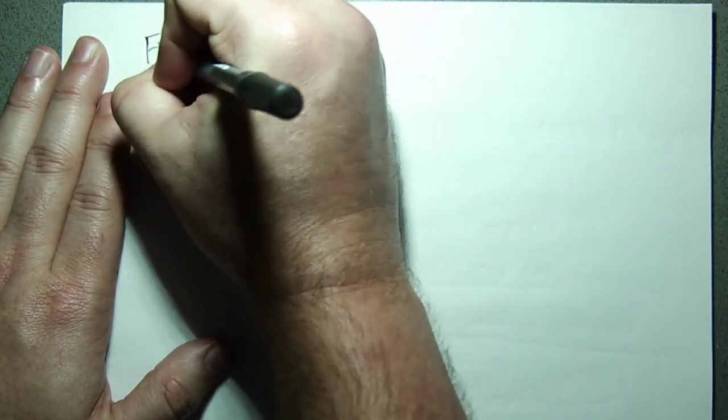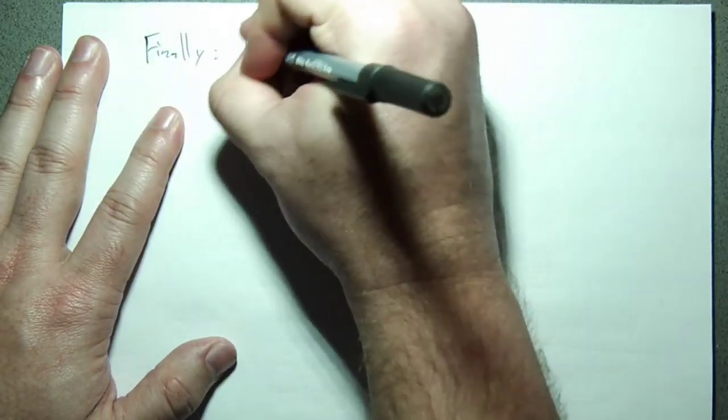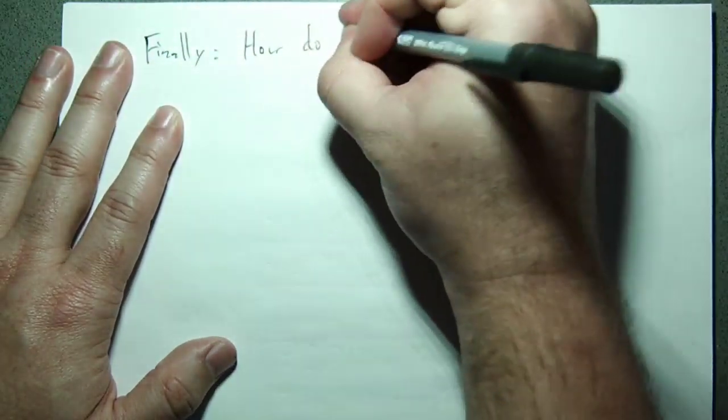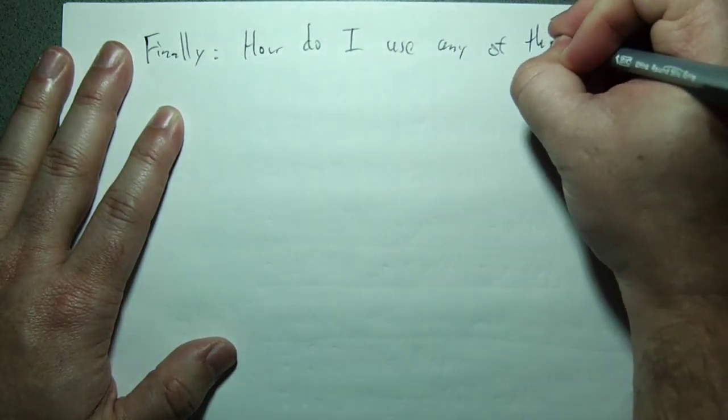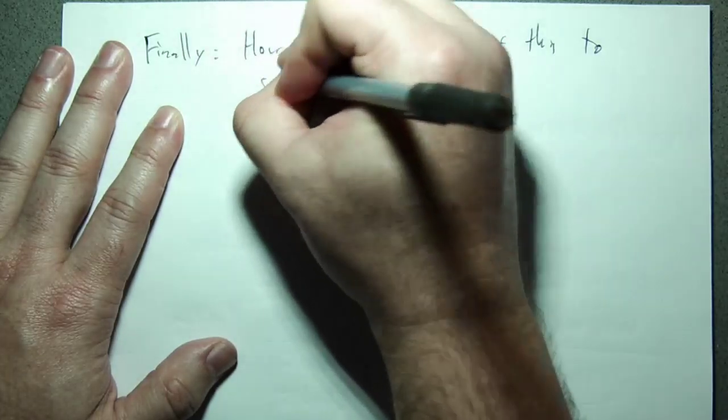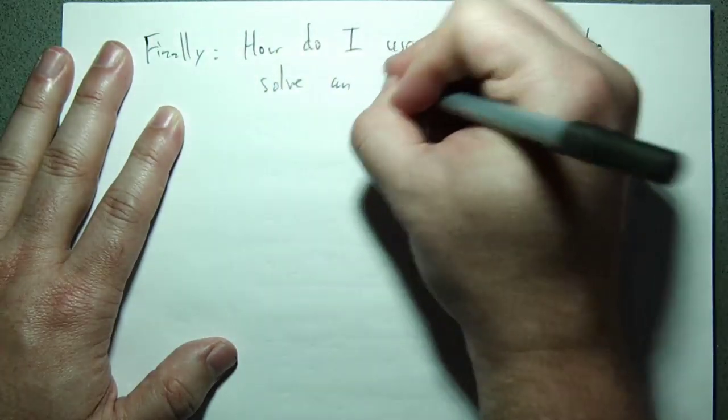Okay, so finally, how do I actually use any of this to solve an IVP?